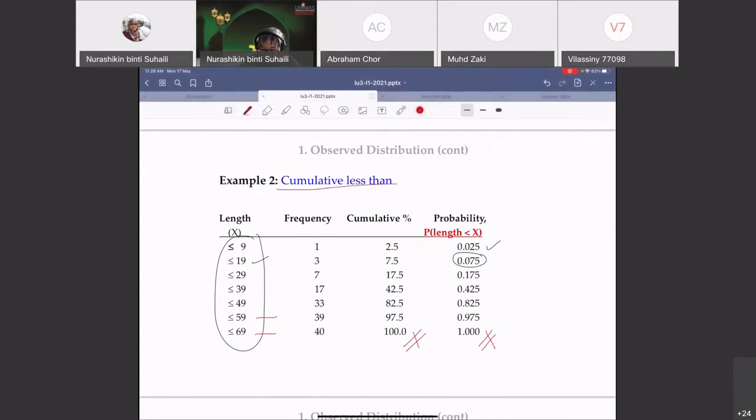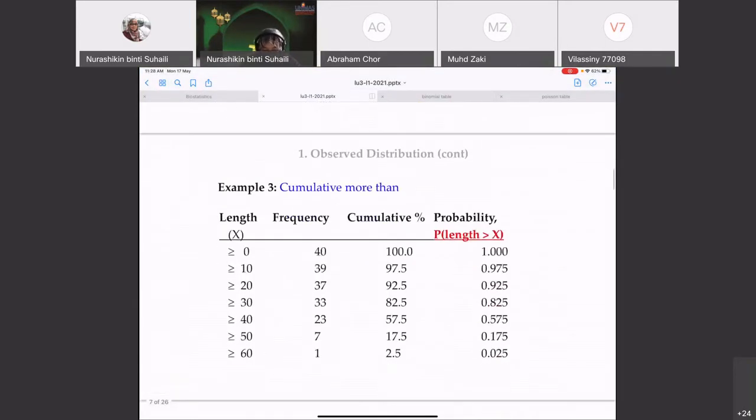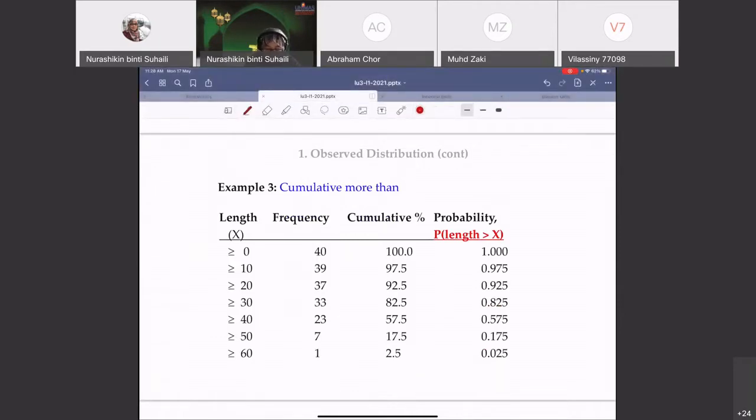Another type of presentation is what we call cumulative more than. It's the opposite. Just now you saw that the symbol used was less than, but here it is more than. In terms of the probability, it starts with 100%, because anything more than 0 in this case covers everything.